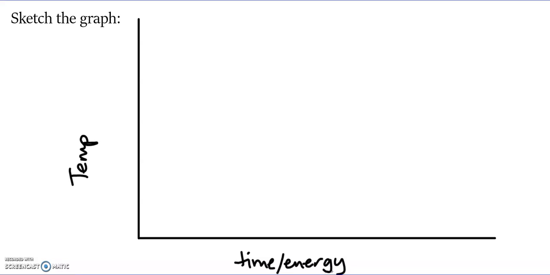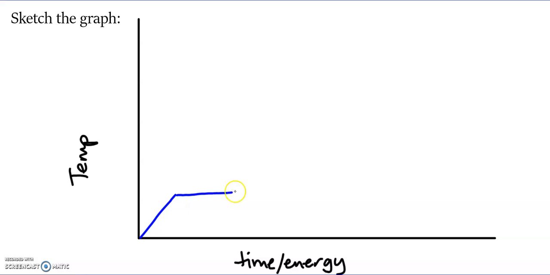It would be true. All right, so if I have, we could just say water or any substance, low temperature before I've added much time or energy, but then as I add time or as I add energy, the temperature goes up. All right, what will happen is at some point, the temperature won't change.